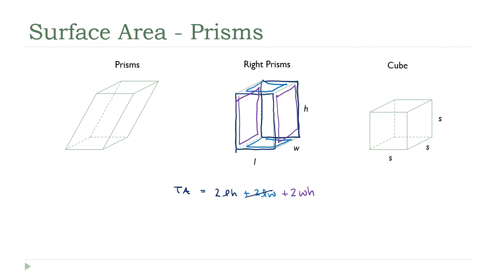So it's going to take those out, and the lateral area would be just 2 length times the height plus 2 width times the height. And over here, in the special case where we've got a cube, all 6 faces are the same. The area of each individual face is s squared, and there's 6 of them, so the total area will be just 6s squared.